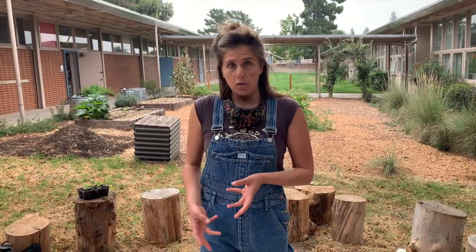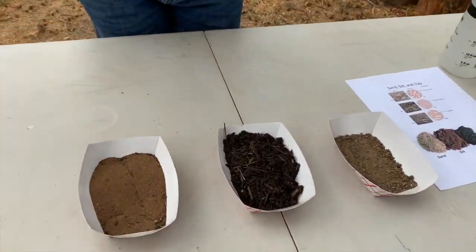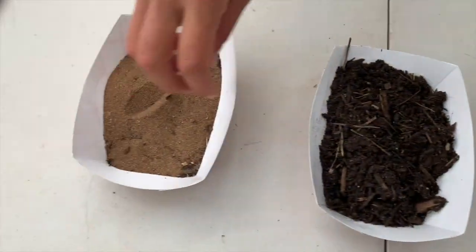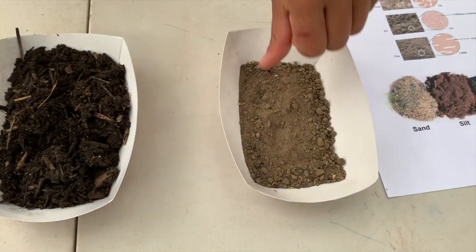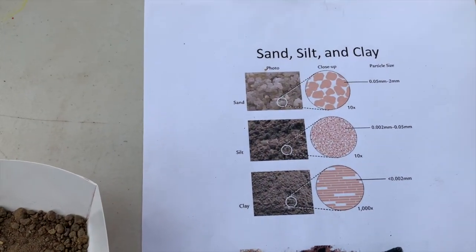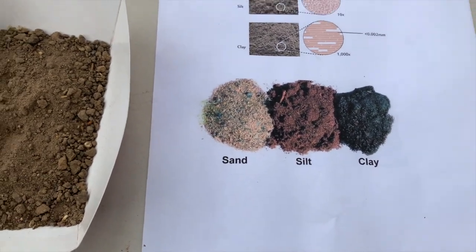So the video talked about those 3 different types of soil: sand, silt, and clay. So I have the 3 different examples here of sand, silt, and clay. And the video said the darker the soil, the healthier that soil is, and the more plants are able to grow in that soil.